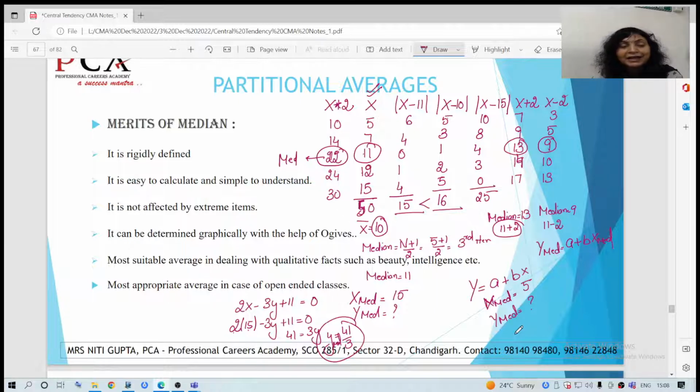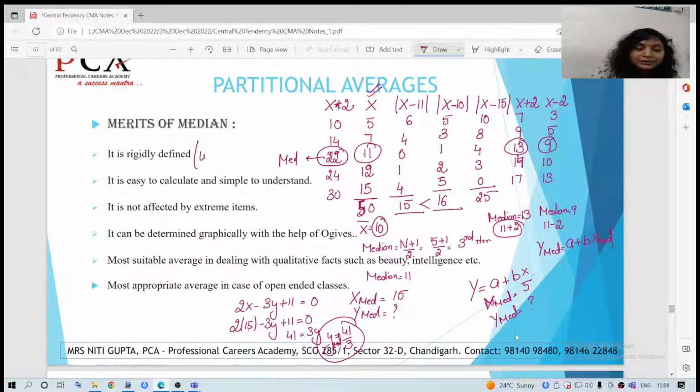Whenever you find that particular average, you will get just one value. Whenever we compute median, in n number of questions, we always have one single value of the series. There is not even one situation where we got two medians. So that is why median is rigidly defined, a unique value. This is called a merit of median.